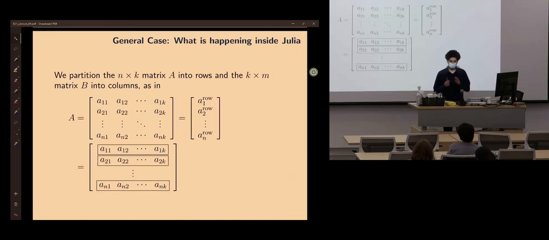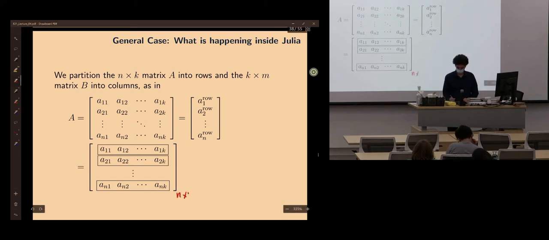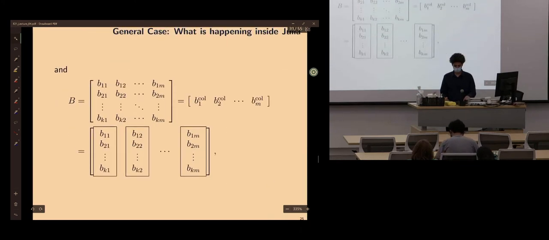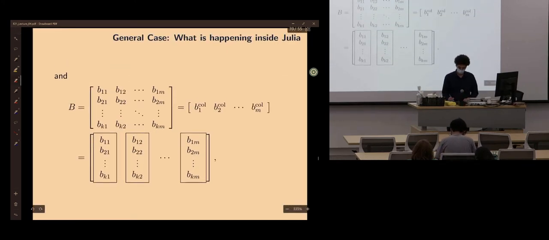Okay, so the general form of what's going on in Julia is that A is n by k. Partition A into rows. B is k by m, partition B into columns.